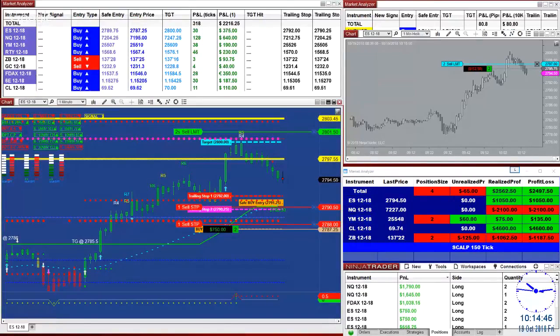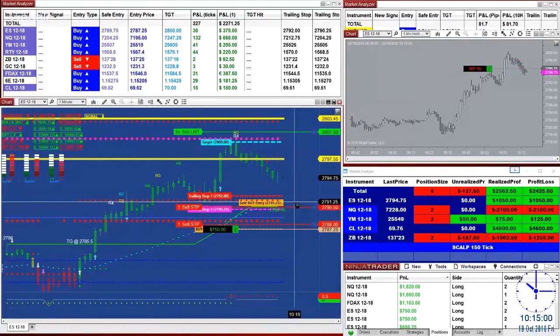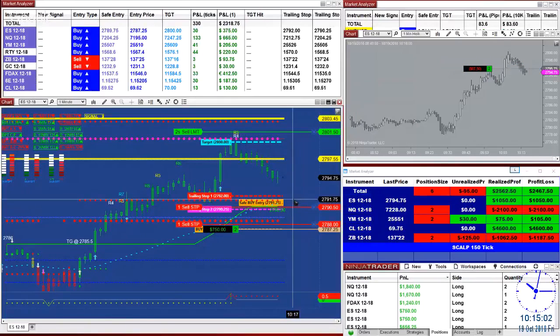So what we try to highlight is that this is a pullback, this is not a short trade here. While everybody is jumping on the wagon to go short, we will be estimating the re-entry point, around 91.75 right now.